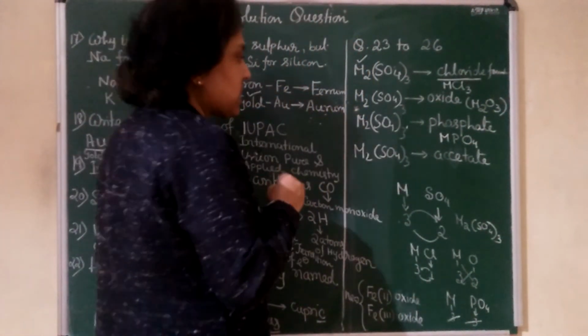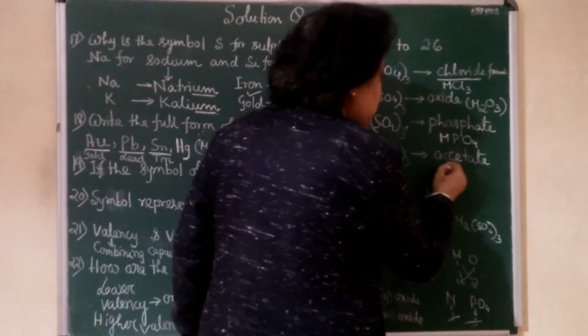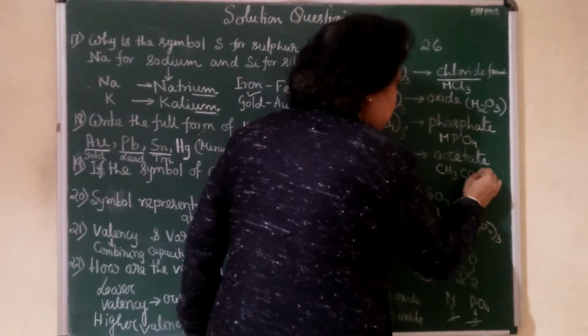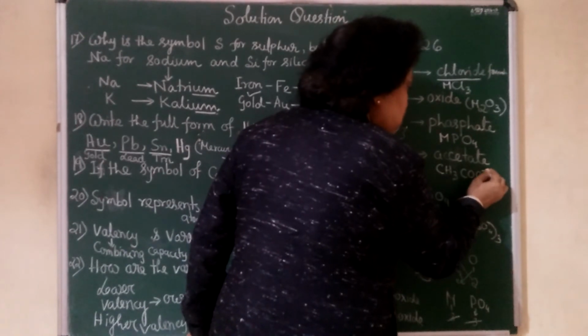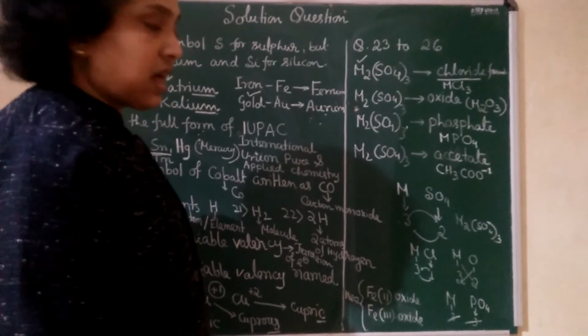Then acetate. The acetate symbol is CH3COO, and its charge is minus 1.